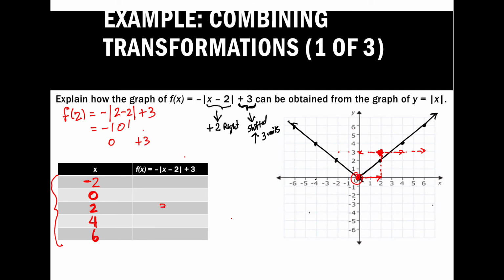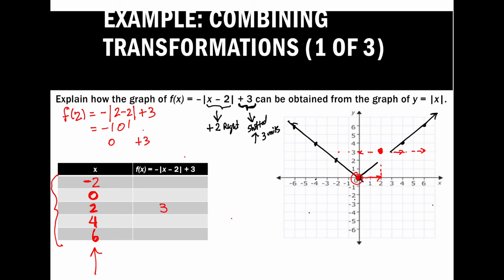So we see 2, 3, indeed, is the V point on my graph. Now let's go with 0, right? I found that point, and now from 2, 3, I want to use that as my point where I decide what values I'm going to input over here.